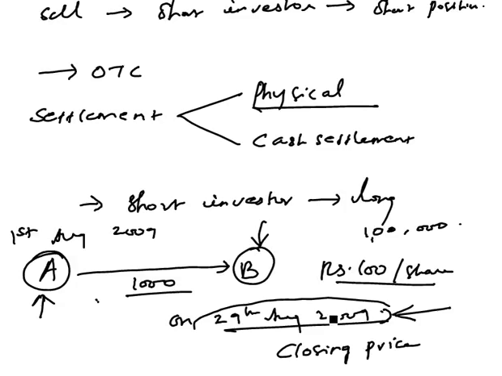The closing price is calculated as the weighted average price of the underlying asset during the last half an hour of that day. Depending upon the closing price, there are three types of scenarios that are possible. The number one scenario is that the closing price, that is the spot price on 29th August 2009, is greater than the forward price.